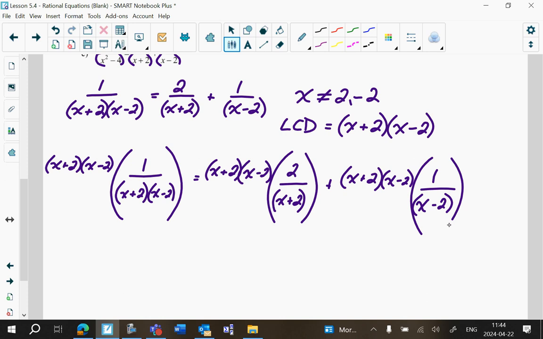So what cancels here? Both of them, so I'm left with 1. X plus 2's cancel, so I'm left with 2 times x minus 2, or if you want to multiply it through, you can, sure. And then the x minus 2's cancel, and I'm left with plus 1 times x plus 2, which is just x plus 2.